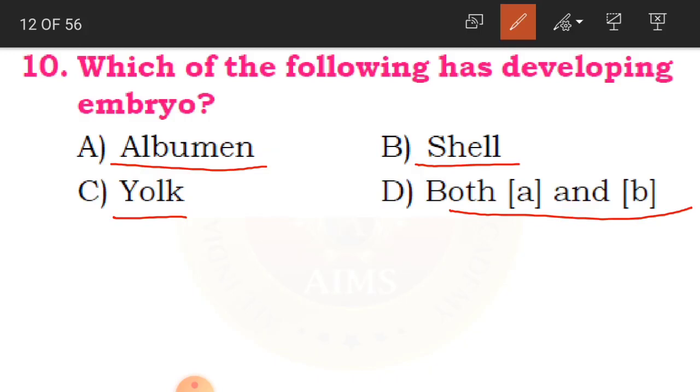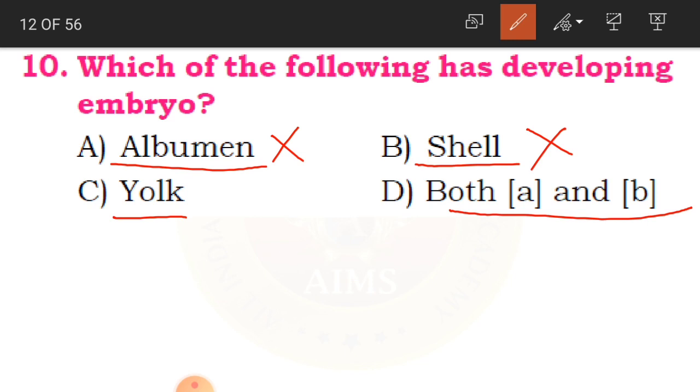Here albumen is nothing but the white jelly type of substance in the egg. You do not have an embryo there, so this is the wrong answer. Shell is the outer layer of the egg, so even here you do not have an embryo. Yolk is the yellow colored substance.